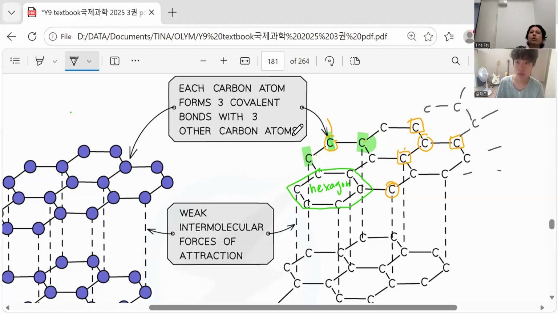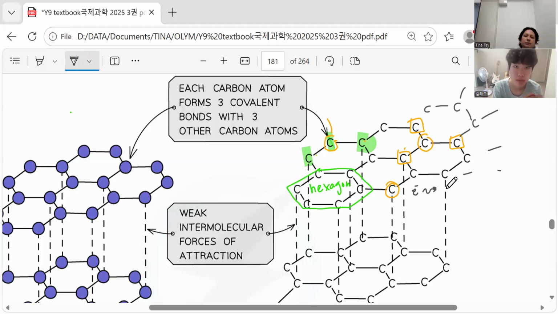Only three are used for bonding. The other one forms a free electron that moves around. So that's why graphite is the only non-metal that can conduct electricity. Usually only metal can conduct electricity, right?